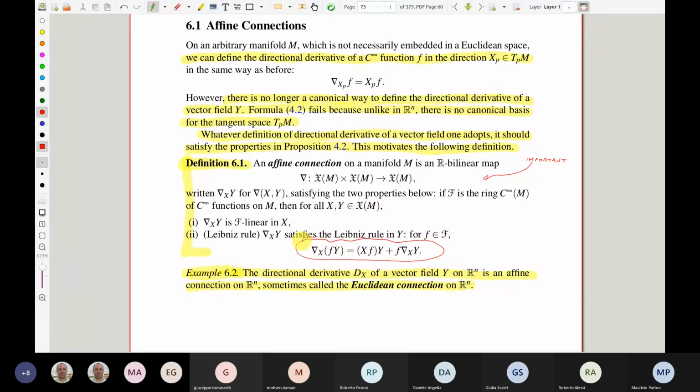Because this is a derivative, the derivative of a product must follow the Leibniz rule on the product. And you say, oh, this is not the Leibniz rule. This is not the derivative in the direction of x of f. This is just x applied to f.